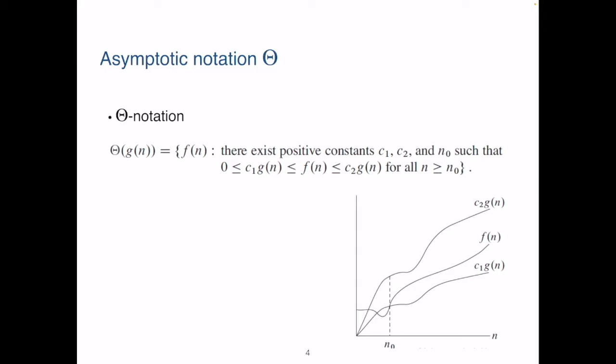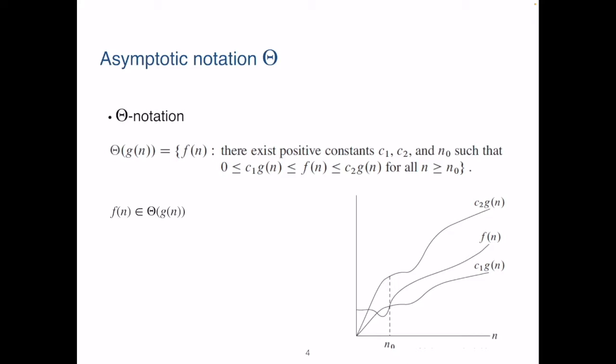Or we say it can be sandwiched between c1 g(n) and c2 g(n). Any function f(n) that satisfies this condition belongs to the set theta of g(n). We can write f(n) belongs to theta of g(n).